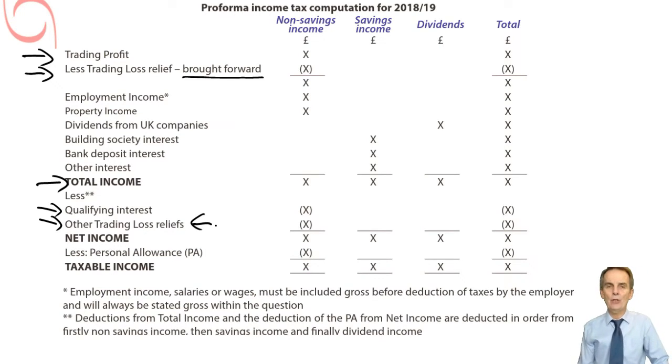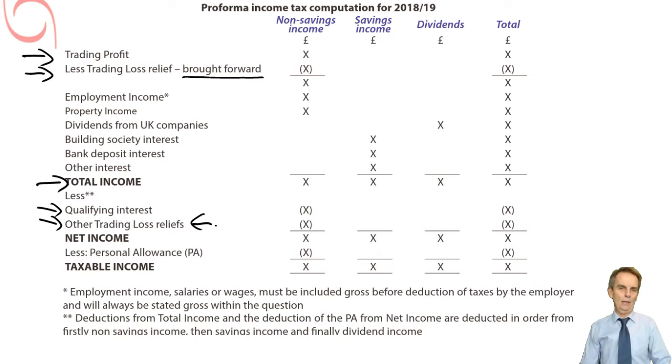What we'll discover in Chapter 7 is that we might be able to use a loss in the tax year in which the loss was suffered, or maybe carry it back to an earlier tax year or years, getting therefore a more immediate use of that loss rather than being simply compelled to carry it forward. Now we'll deal with those loss reliefs. Don't worry, we'll be dealing with them when we get to Chapter 7.